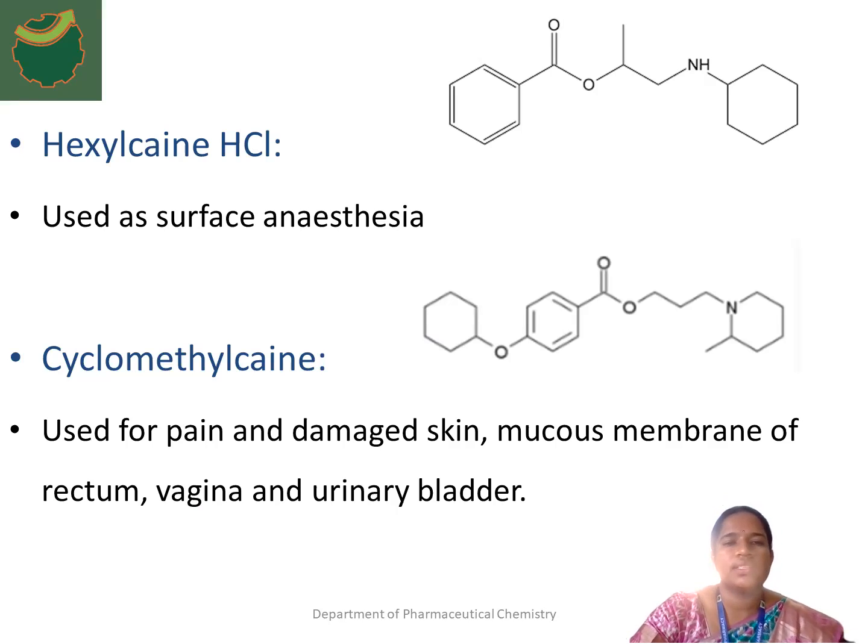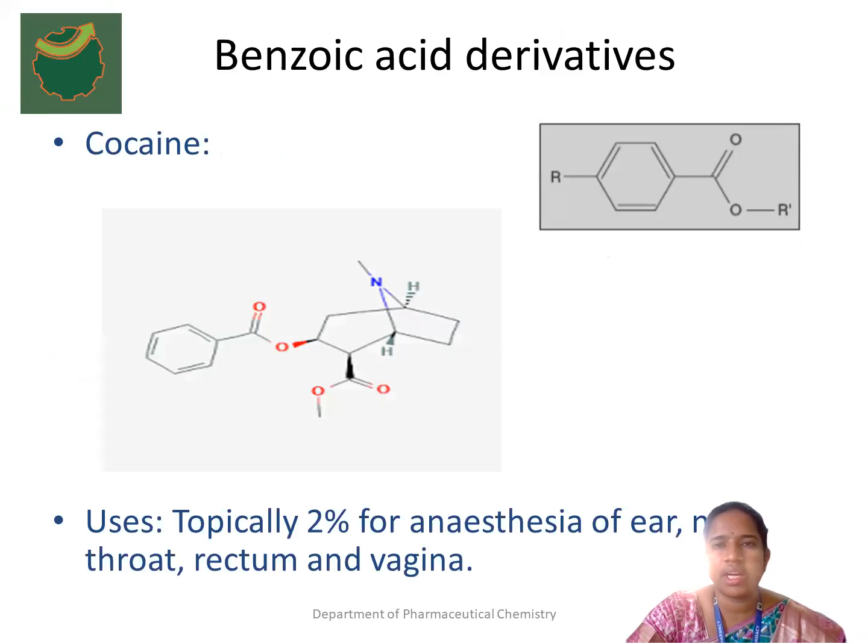Next drug we have is cyclomethycaine. So here this is the benzene ring, carboxylic group, and ethyl chain, but this is now piperidine. Nitrogen in the saturated form, generally if it is unsaturated, it is pyridine. As it is in a saturated form, we call it piperidine. Now, see here, in the general structure, here we have the R group.